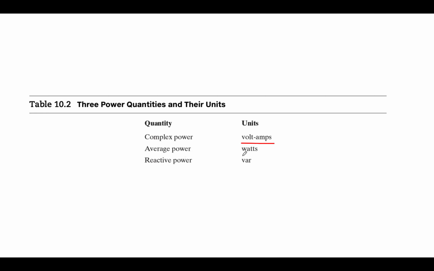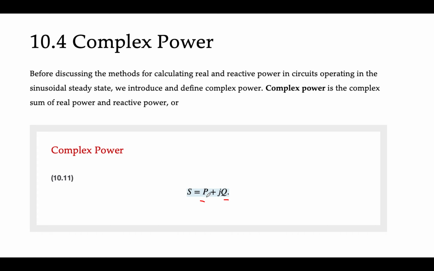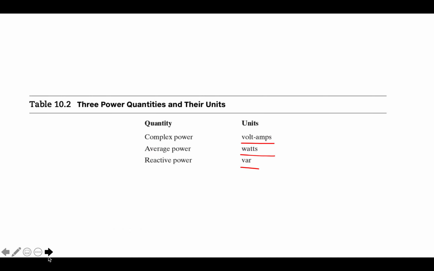Average power has units of watts. Reactive power has units of vars. So average power is P, reactive power is Q, complex power is S. Once again, this is a plug into the formula kind of calculation. Once you know P and Q, you can easily find S.